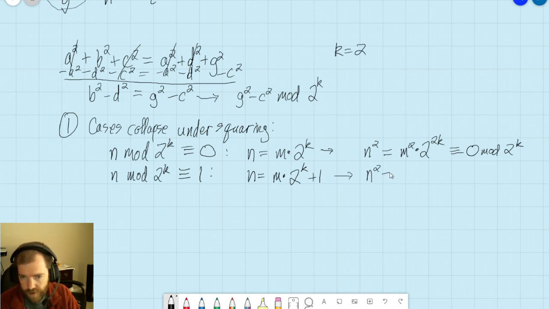And so n squared is going to be equal to m squared times 2 to the 2k plus 2m times 2 to the k plus 1, which is going to be equivalent to 1 mod 2 to the k.